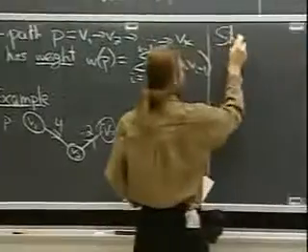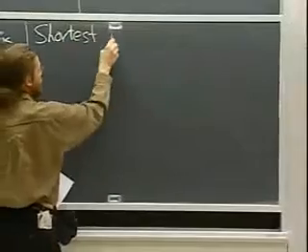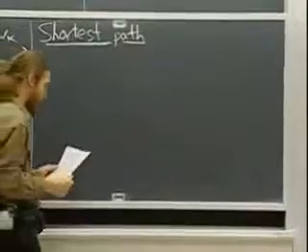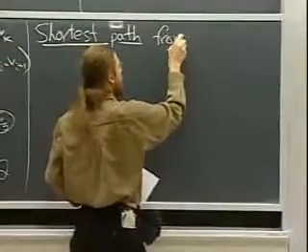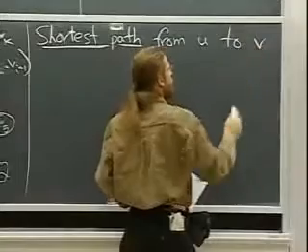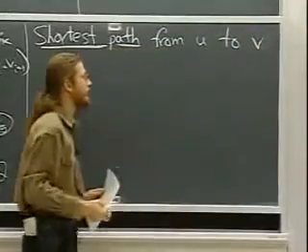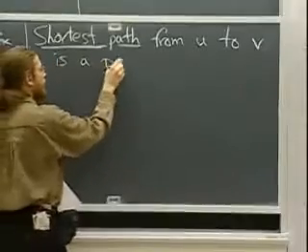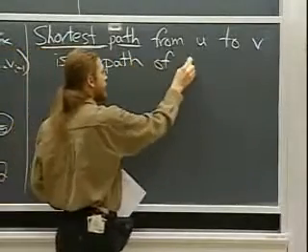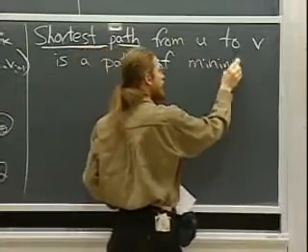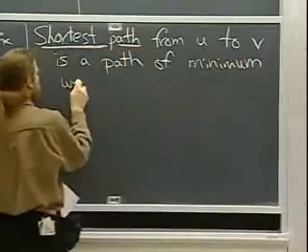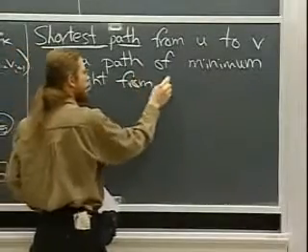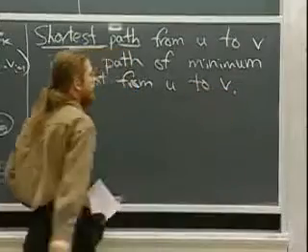Okay, and then what we care about is the shortest path, or a shortest path. Again, this may not be unique, but we'll still usually call it the shortest path. So we want the shortest path from some A to some B, or we'll call that vertices U and V. And we want this to be some path of minimum possible weight, subject to starting at U and going to V. Okay, so that's what we're looking for.